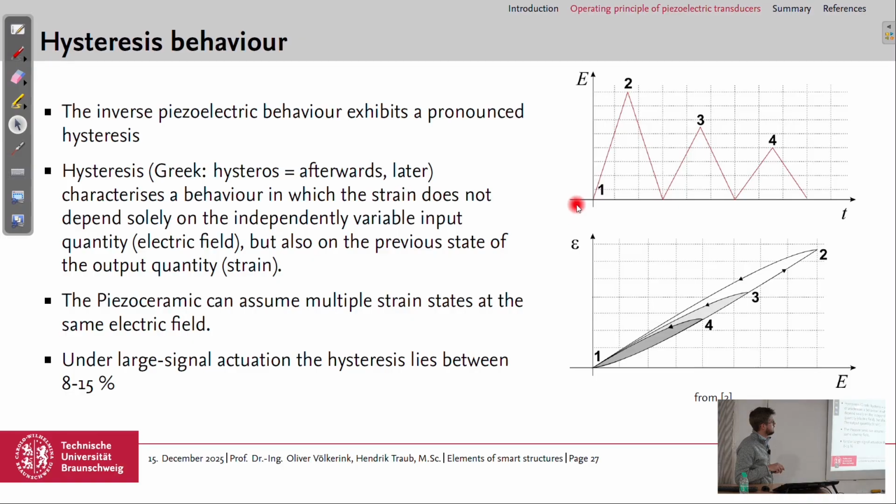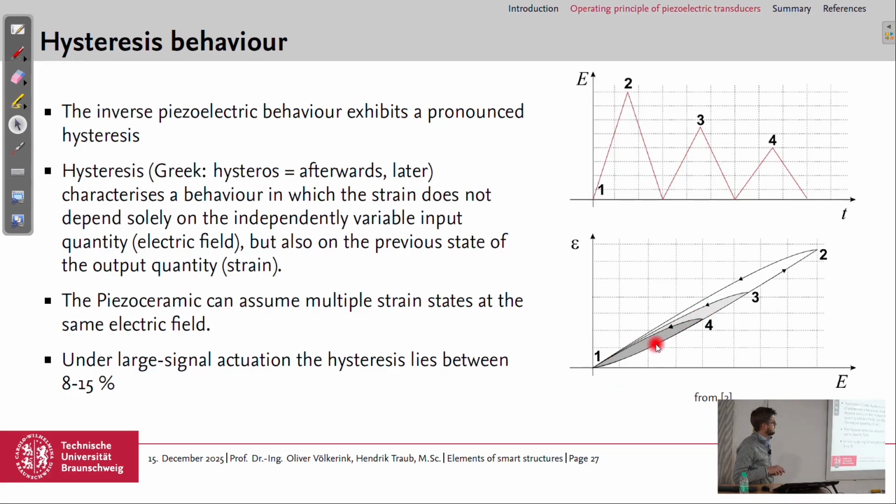If we look at this example, first the electric field is high, from 1 to 2, so we go in this diagram from 1 up to 2. Then we remove the field again to 0, back at point 1, then we apply a field again to point 3, but a lower field than before, remove the field again, and then point 4, going up again, but an even smaller field, coming down again.